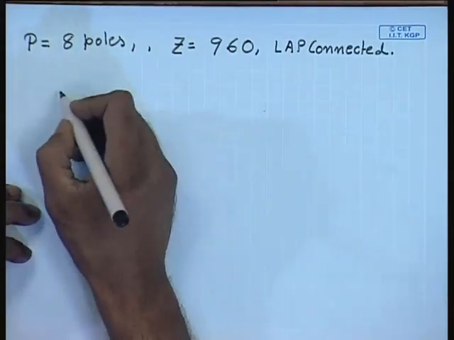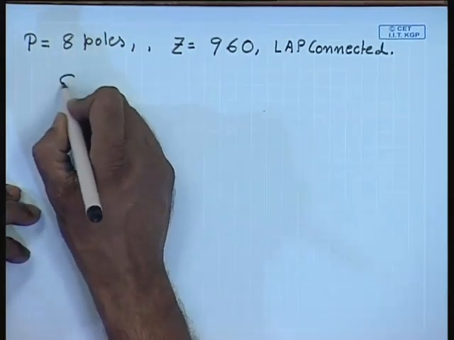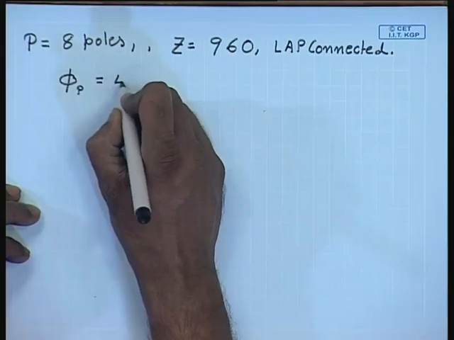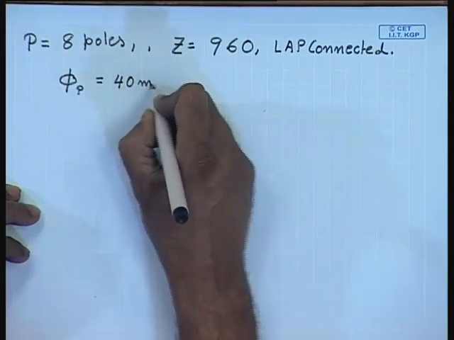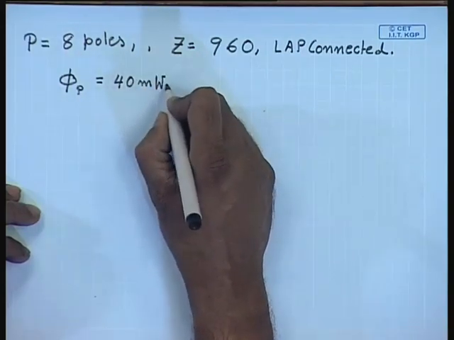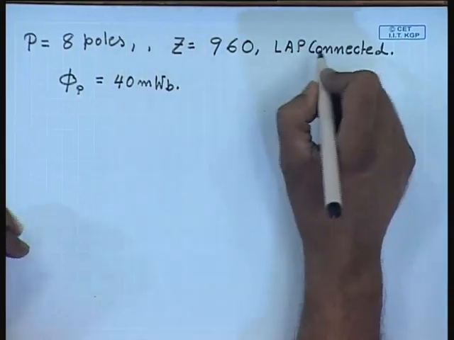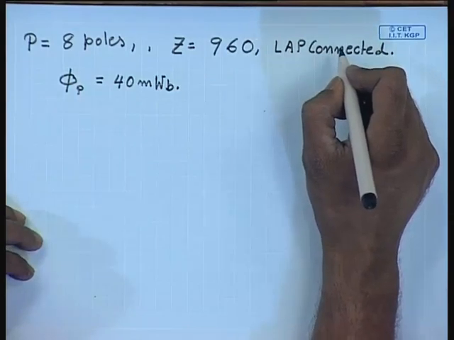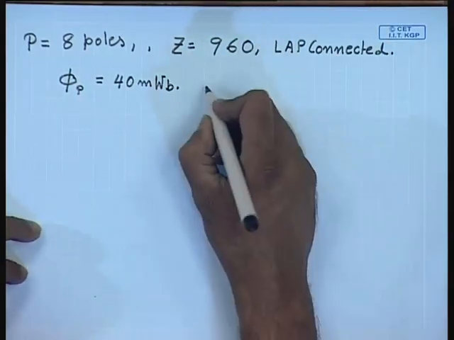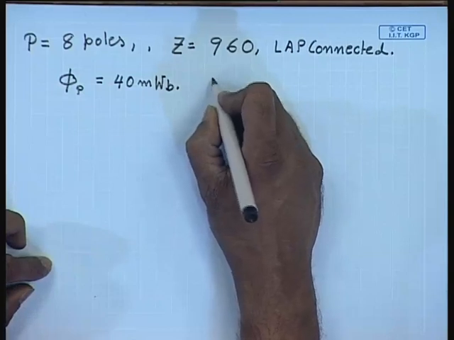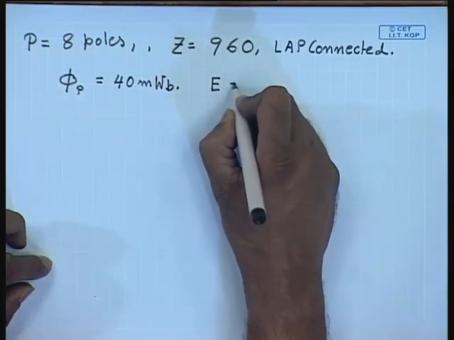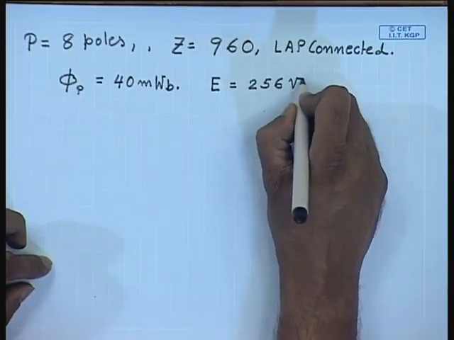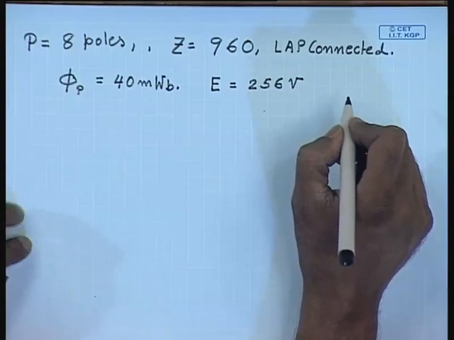The flux per pole of the machine is 40 milliweber. If we want a no load induced voltage E of 256 volts, what should be the speed of rotation?